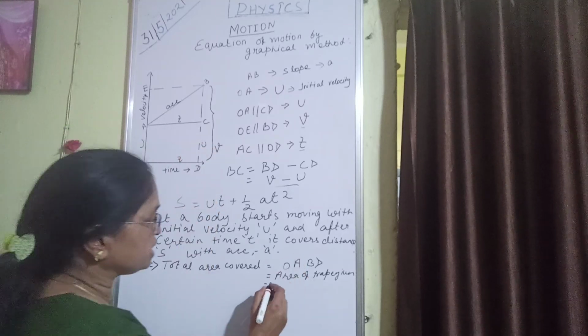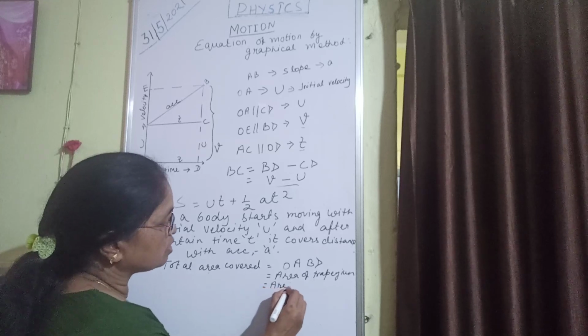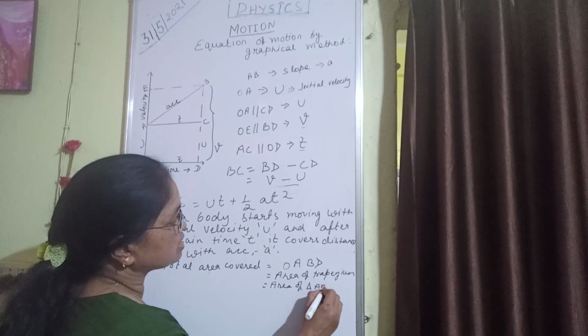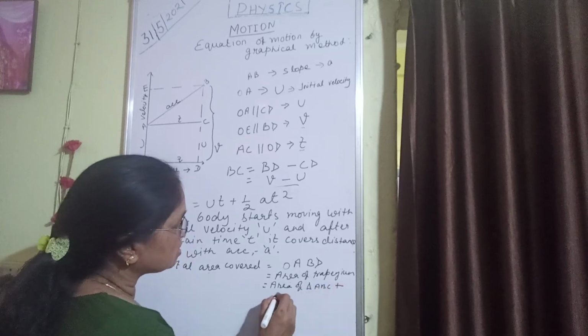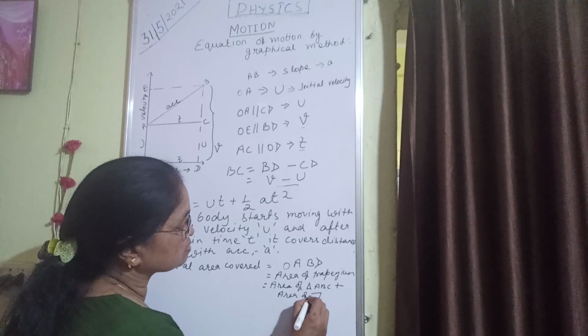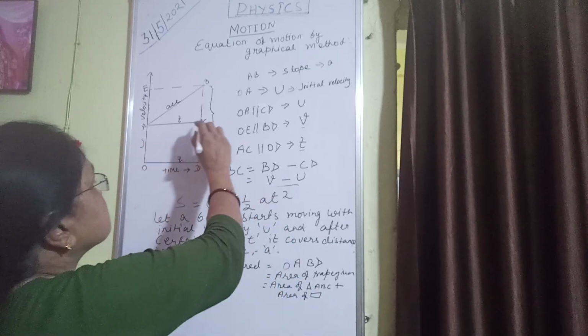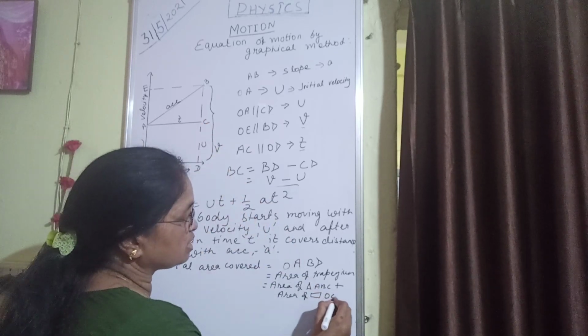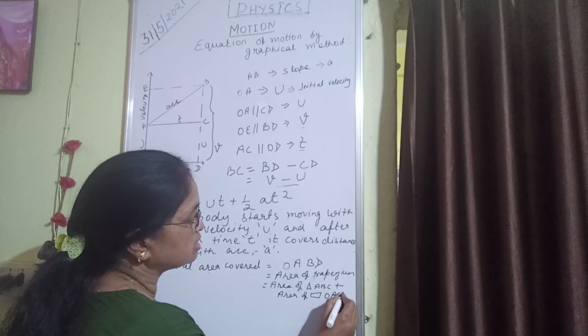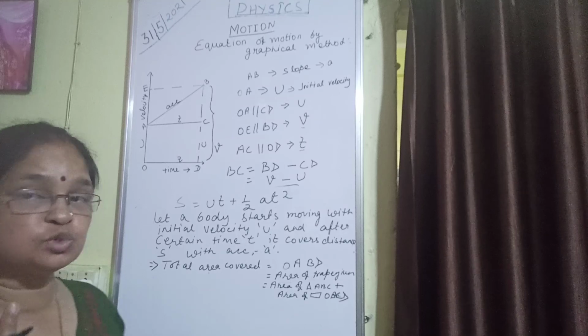So here I am writing area of triangle ABC plus area of rectangle OACD. We are getting two shapes.